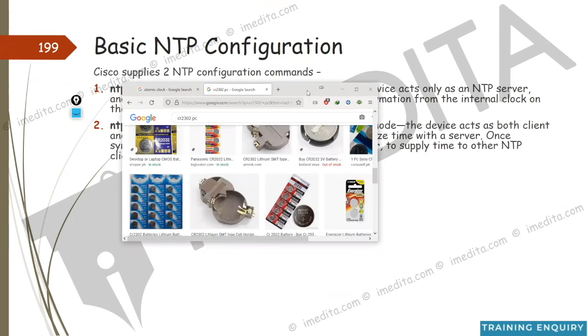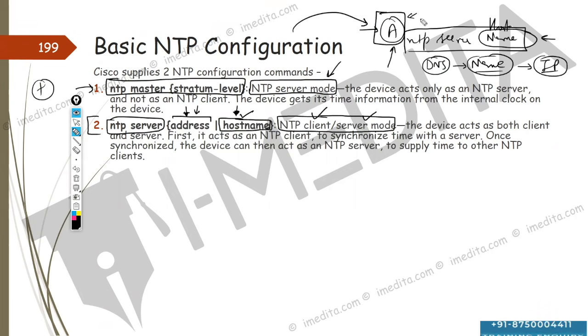Okay. So these kind of things are available even in your routers. So when you power off the router, it can keep track of the time that it has. So if you use this command of NTP master, then this device will utilize its internal clock to keep track of time, because you have not asked it to synchronize time with some other external source. Okay. So it will use that internal clock and supply time to others.